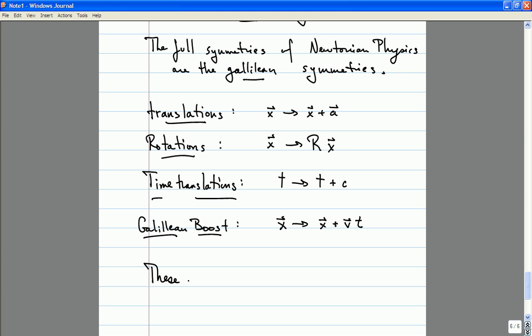Okay, so these are the symmetries of Newtonian physics. And if you want to work out the algebra of symmetries, what you want to do is find the differential operators which generate these symmetries.